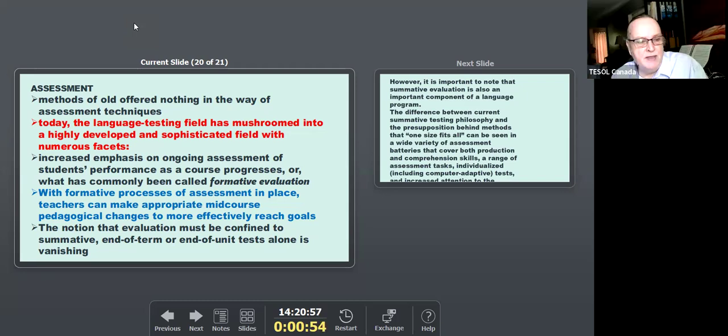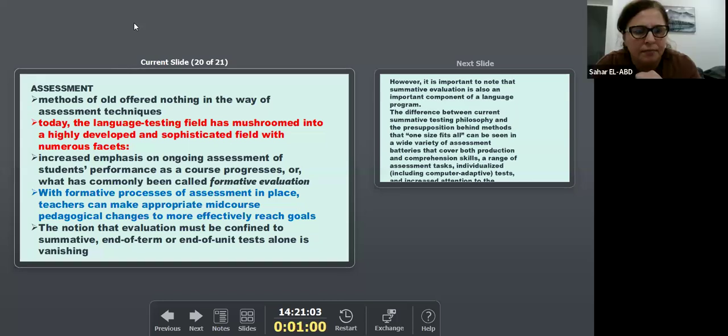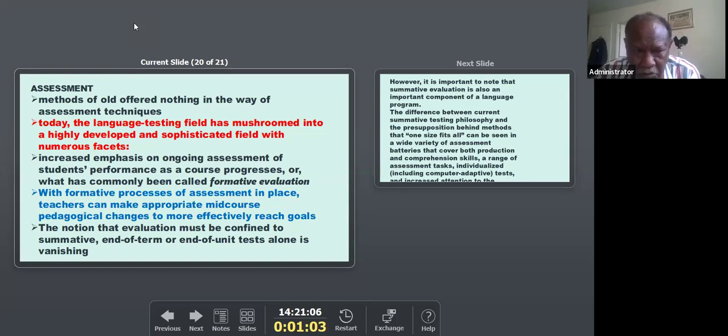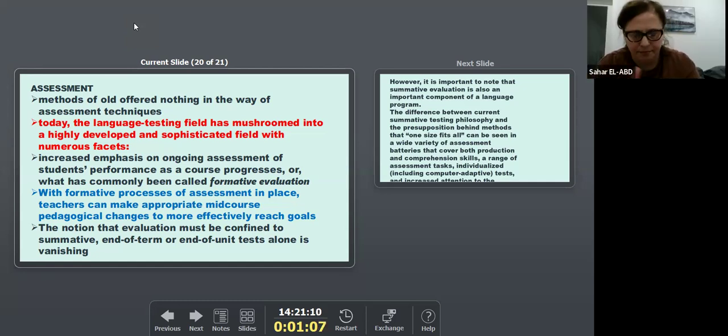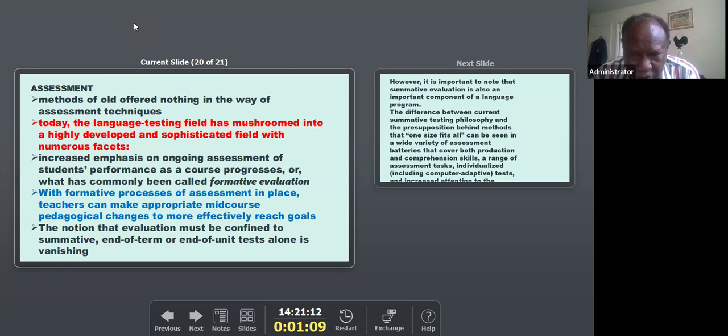Do you know what they mean by computer adaptive tests? Like the TOEFL, multiple choice exams, just MCQs. Not exactly.